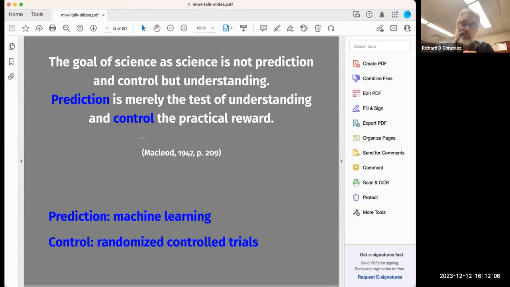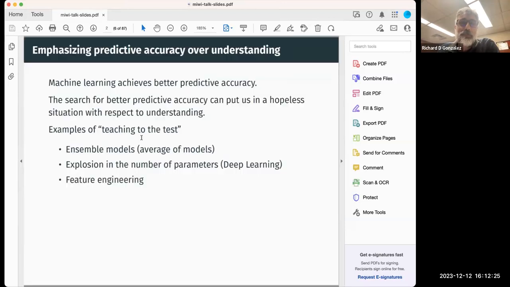And control could mean different things. It could mean all the covariates you have in your regression equation. Control could be you do a randomized controlled trial or a bunch of other methods to deal with causal inference. So this is a way to organize the rest of my comments in the remaining 40 minutes or so.